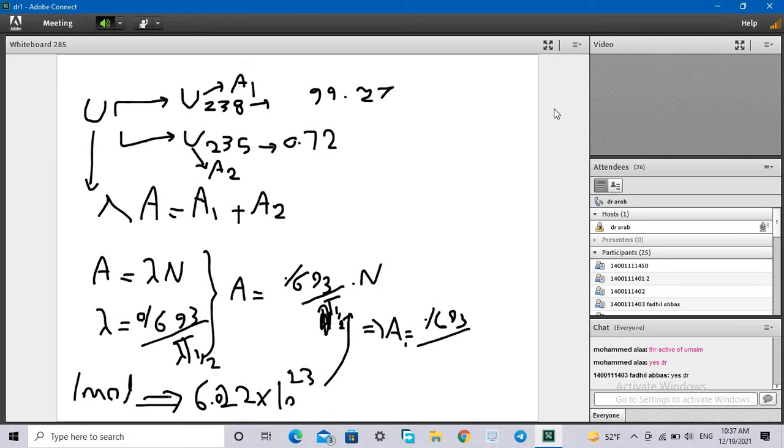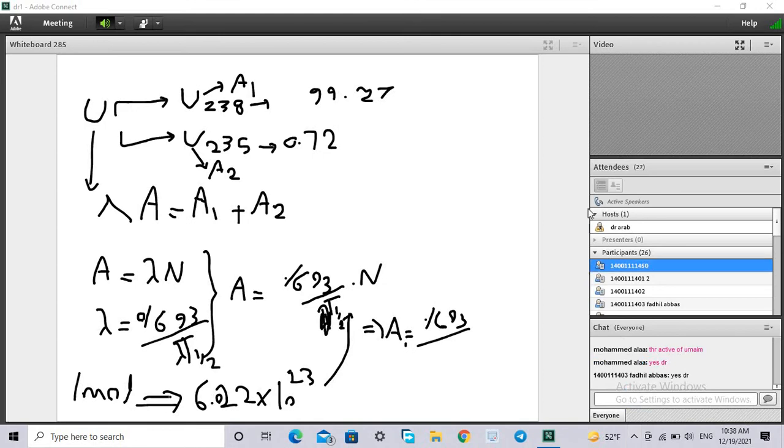Please pay attention that half-life time should be in seconds, and when it is given in another unit, we should convert it to seconds.